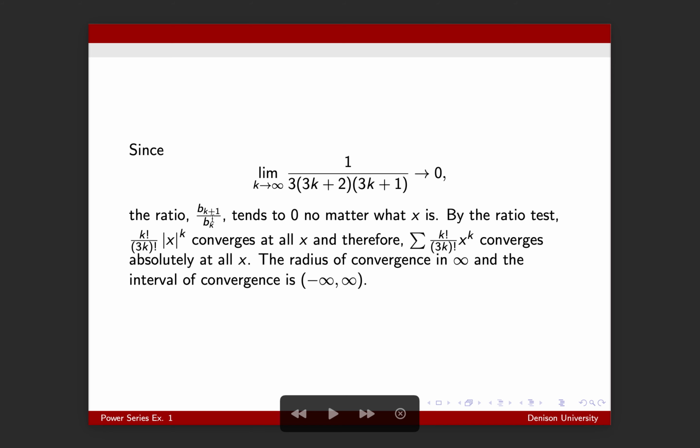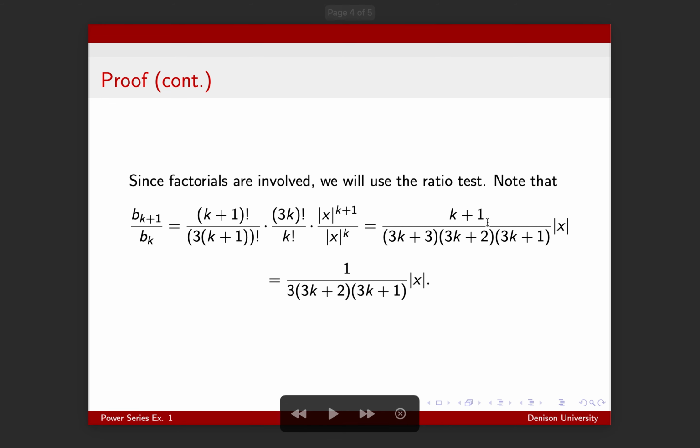This ratio tends to 0 no matter what x is. Since we're taking the limit as k approaches infinity, it has nothing to do with x. It only has to do with the coefficient.